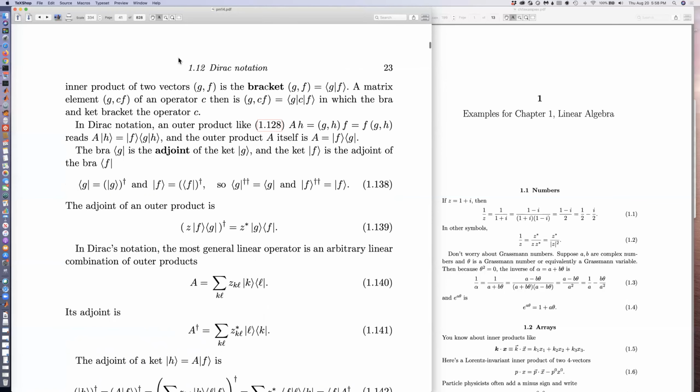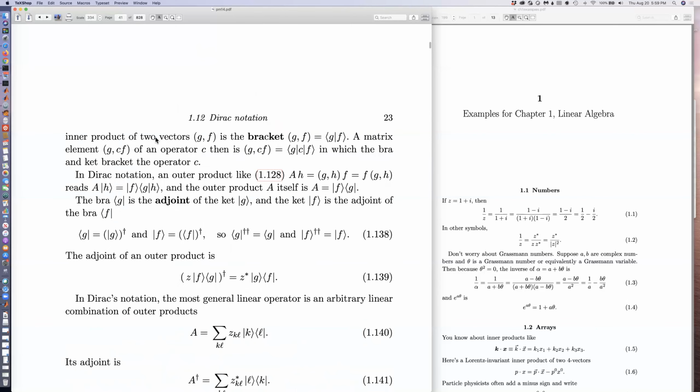In Dirac notation, an outer product, presumably like this one, AH equals GH, the inner product of G with H, times F, like this. In Dirac notation, it reads this way. So you write the outer product, FG, and then let it hit the vector H, and then this is automatically the scalar.